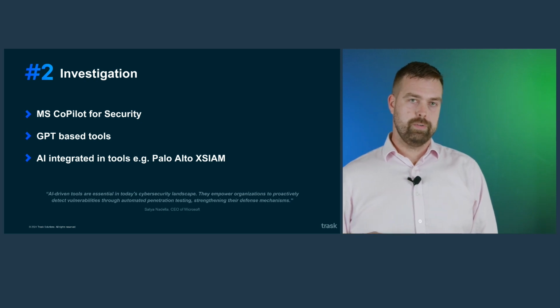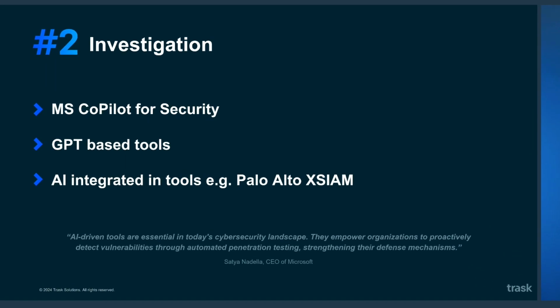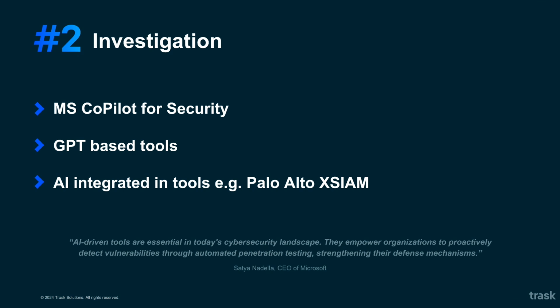You can use it for investigation as well. There's already a tool, Microsoft Copilot for Security. You know that very likely because Microsoft is pushing it hard. You can use various tools which are based on GPT from OpenAI. So there are a lot of tools which are publicly available, not commercial ones, which you can utilize for better understanding of incidents and handling them.